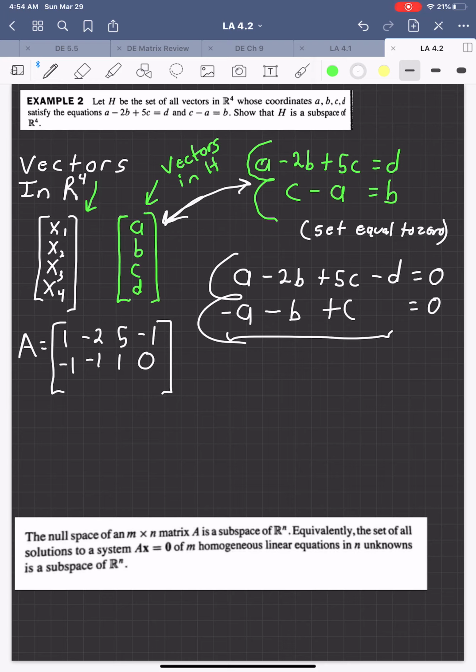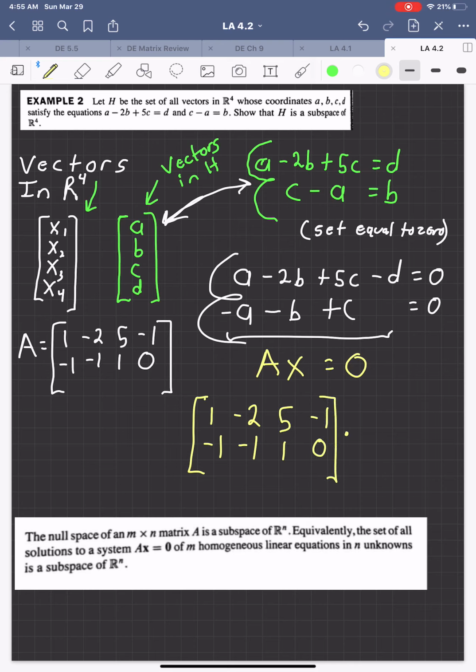All right. So what I'm going to do right now is set up AX equals 0. And then I'm going to go back to this theorem. Ready? So AX equals 0. I'm going to rewrite matrix A, and that's going to be multiplied by vector x.